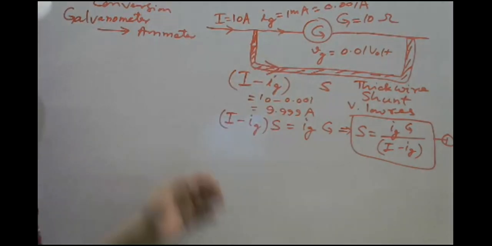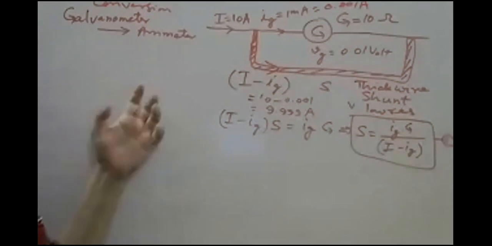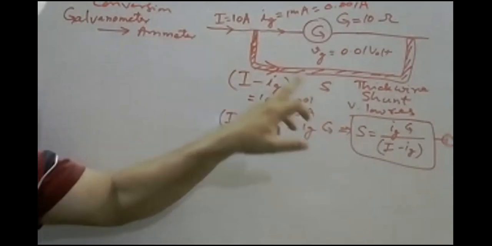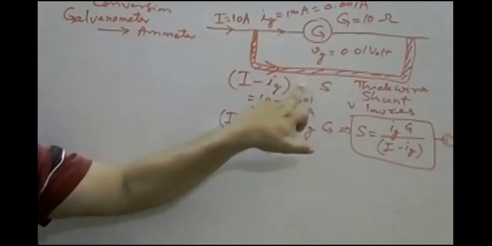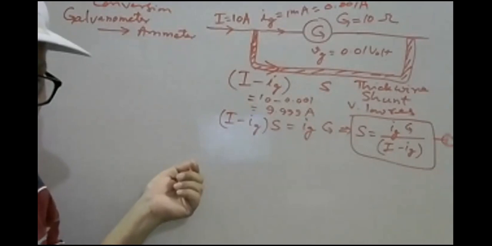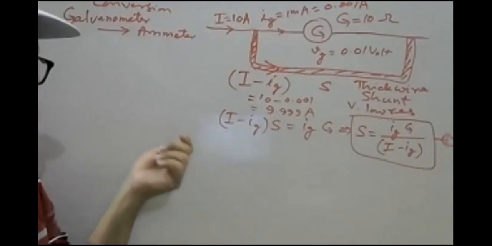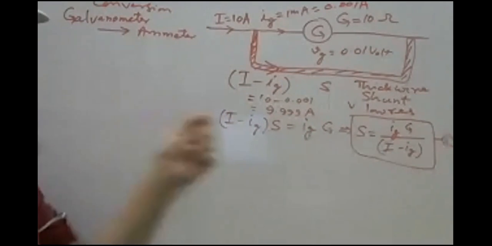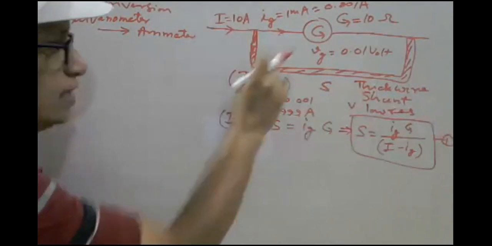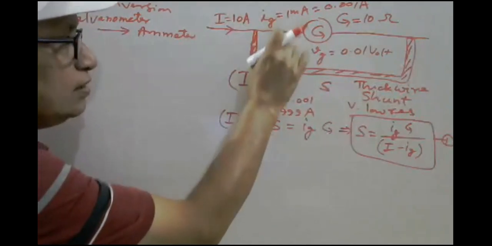It means whatever current is there, we can measure with the same galvanometer by different values of shunt resistance. It means the same galvanometer can be converted into different desired ranges of ammeter. Got it? So here the voltage is the same. We can equate because of the parallel circuit.